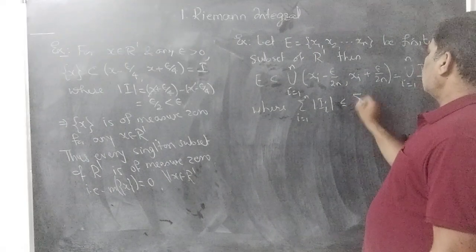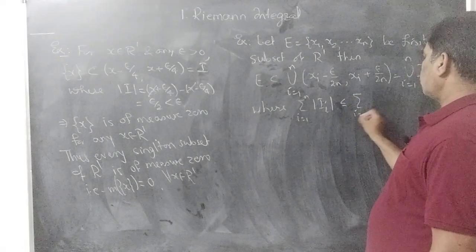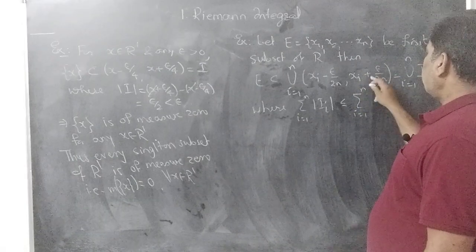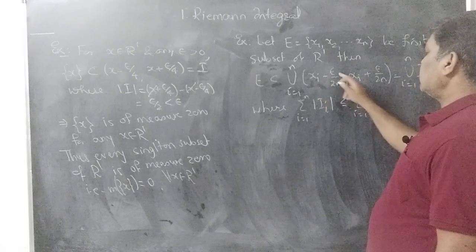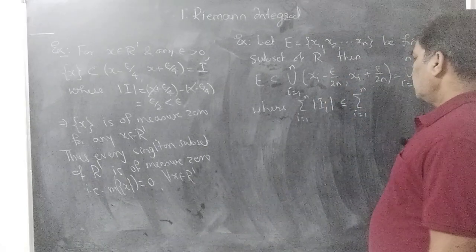So what is the length of each interval? xi plus epsilon upon 2n minus xi minus epsilon upon 2n.